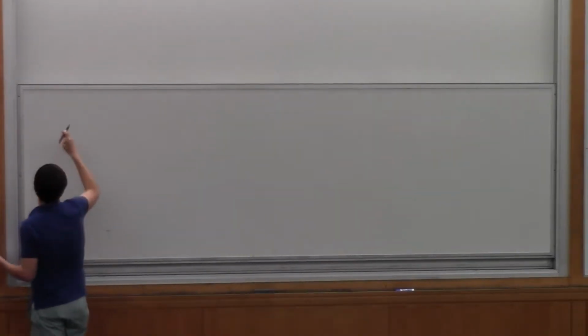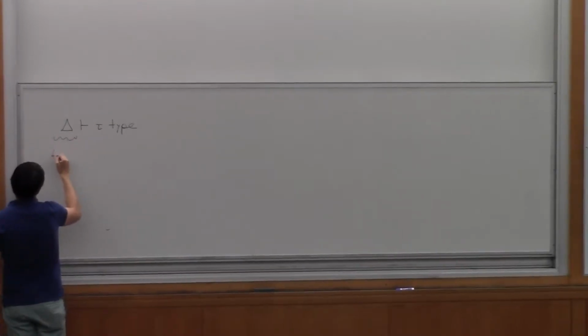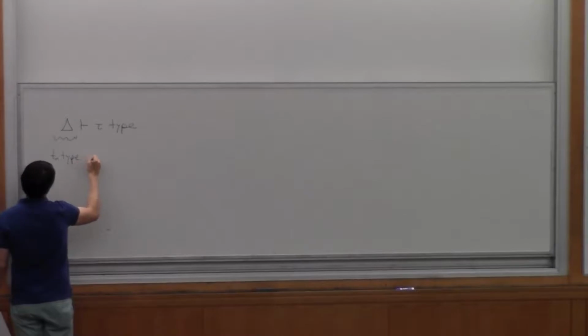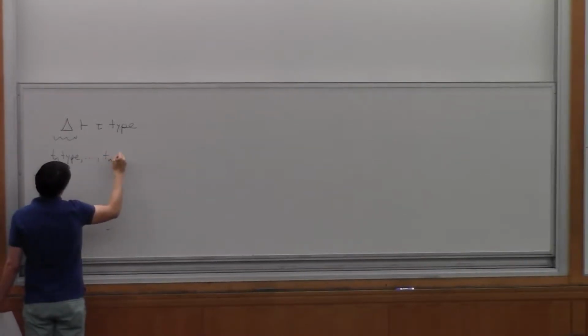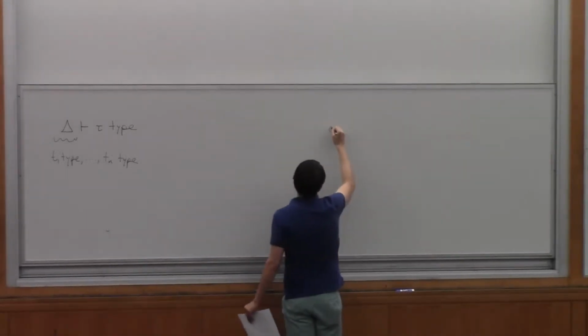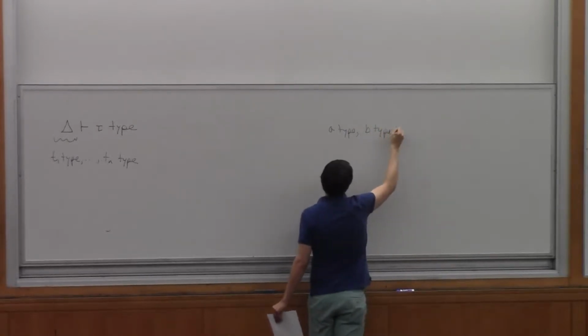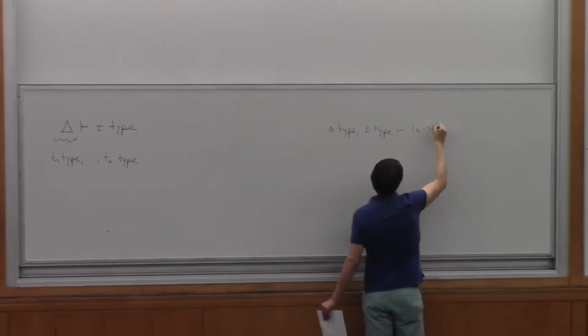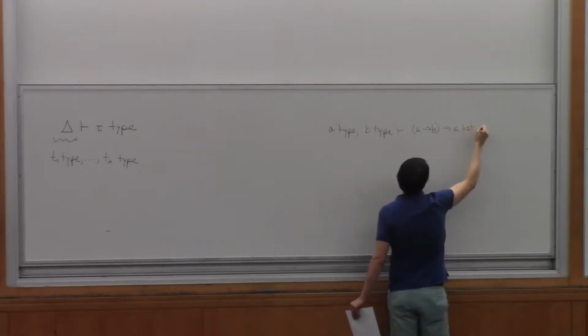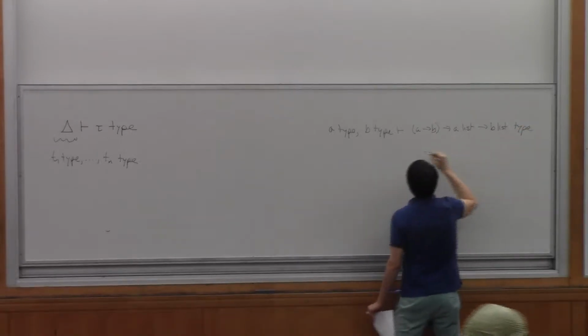So the idea is that we'll have a judgment. Delta proves tau is a type, where delta consists of assumptions. T1 is a type through Tn is a type. So for example, it will be true that assuming that A is a type and B is a type, A arrow B, arrow A list, arrow B list is a type.